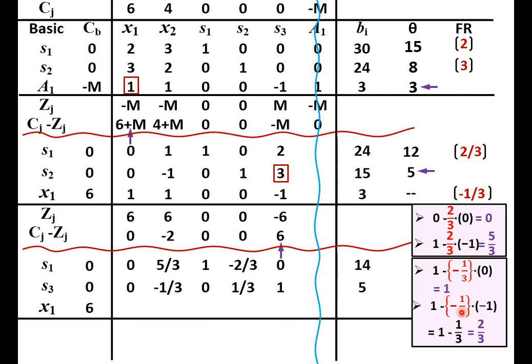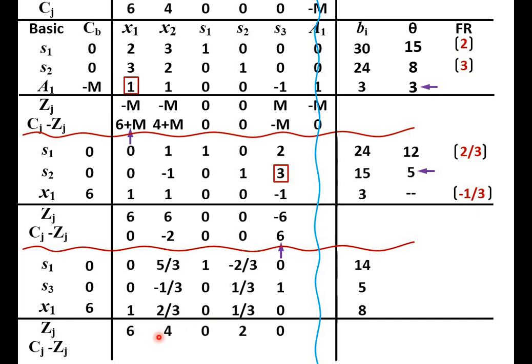So I can write 1, 2 by 3, and similarly you can find the remaining values. Now find out Zj, that is 0 into 0 plus 0 into 0 plus 6 into 1. Similarly you can find the remaining values.